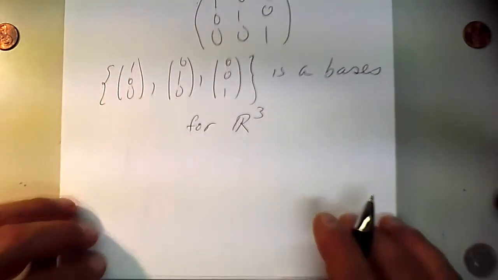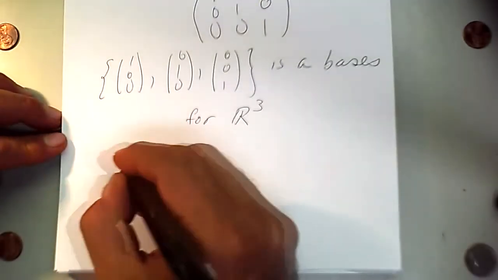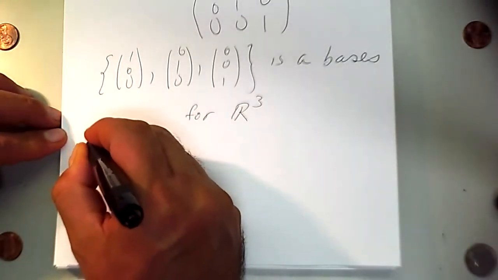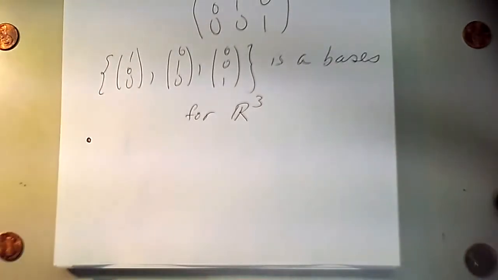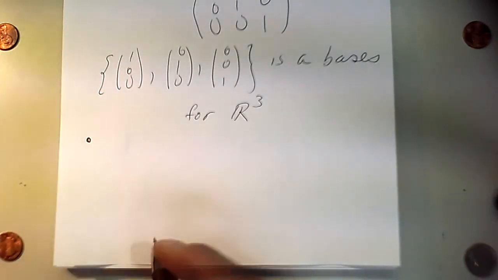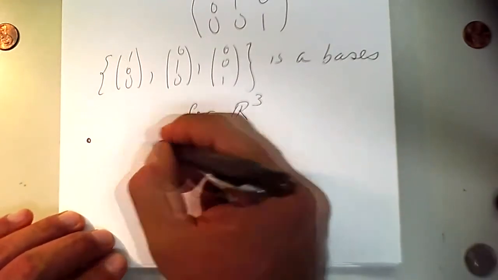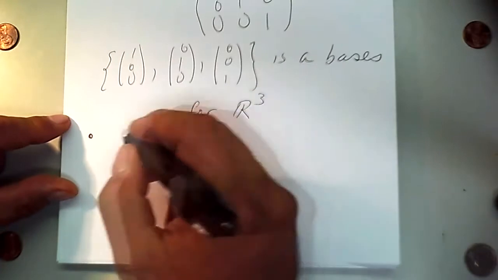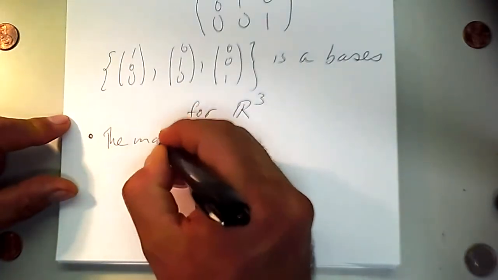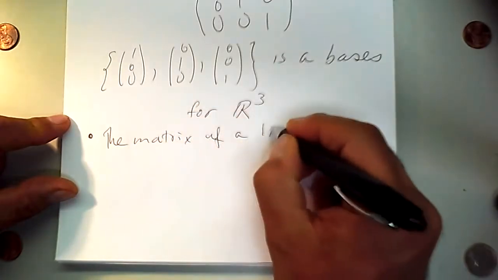So before we get too far into all different kinds of directions, let's make sure we know what our goal in this video will be. First, well, I don't know if this is the first thing we're going to talk about, but we want to talk about the matrix of a linear transformation.